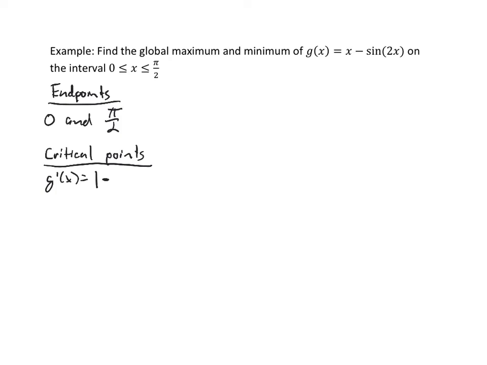Well, we have an inside function, 2x. The derivative of the inside function would be 2. And the derivative of sine is cosine, keeping our 2x on the inside. So if we found the derivative of g of x, it would be g prime of x equals 1 minus 2 cosine of 2x. And we want to figure out, okay, where does this thing equal 0?